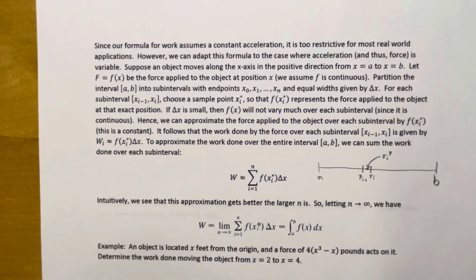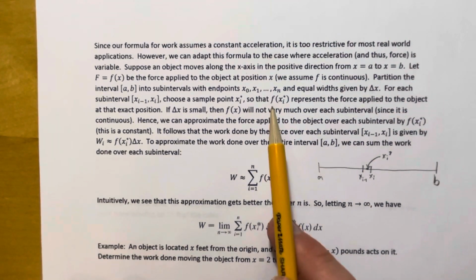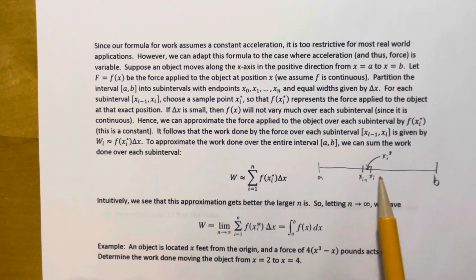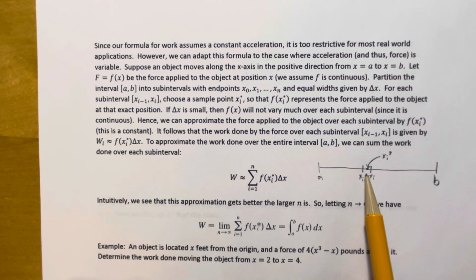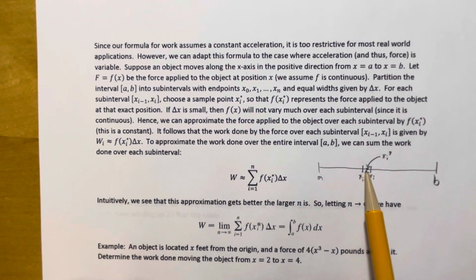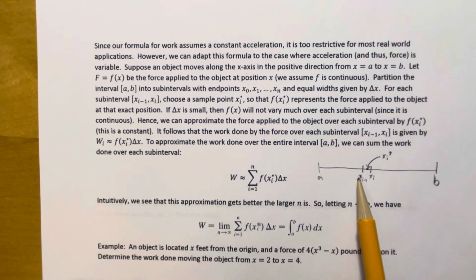Now, even though our function f varies, it's going to change for different values of x. If I choose this interval to be small enough, then I would expect f of x to not vary a whole lot within a teeny tiny little subinterval. And that's the reason why we have to assume f is continuous, because that's the important property that continuous functions have.